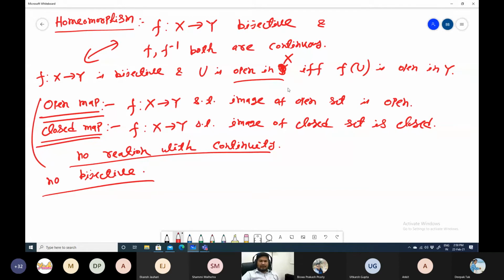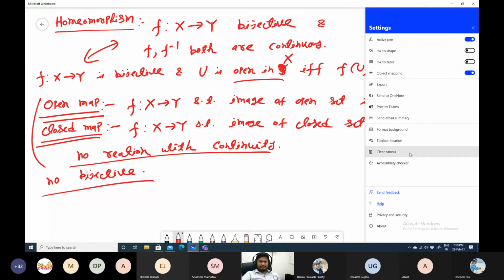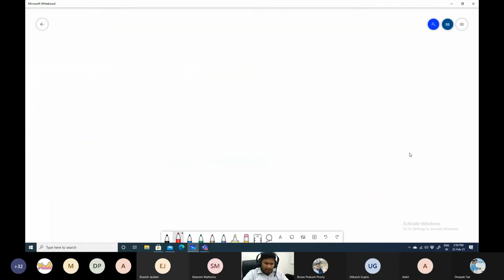These are the definitions. You will find some applications of this later in this course. And another very important one in the whole mathematics course is called the pasting lemma.